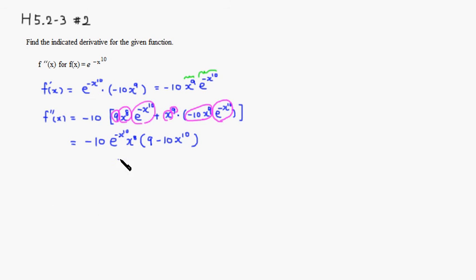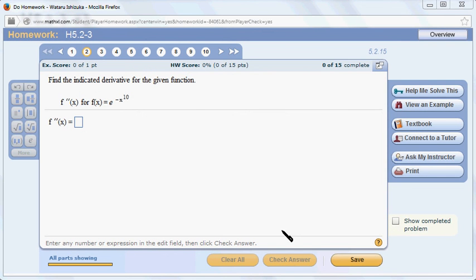So I don't know, I would probably write it this way. So one more step, right? So you just have a negative 10 x to the 8th. Then I'll put the 9 minus 10 x to the 10th times e to the negative x to the 10th power. Alright, so let's type this in.